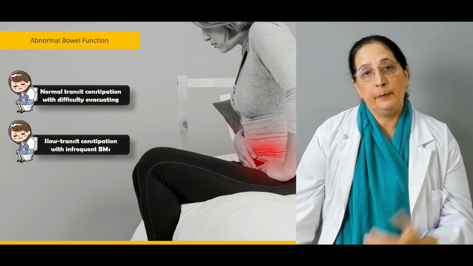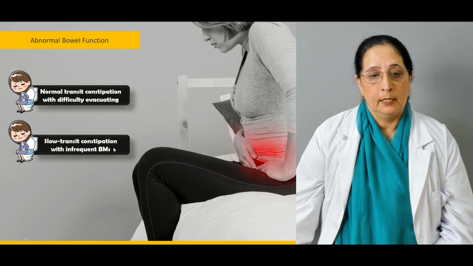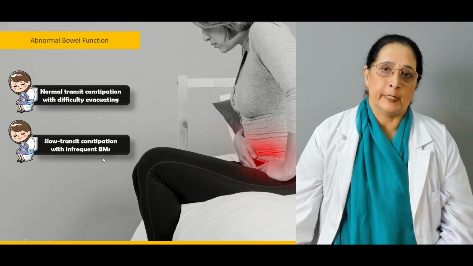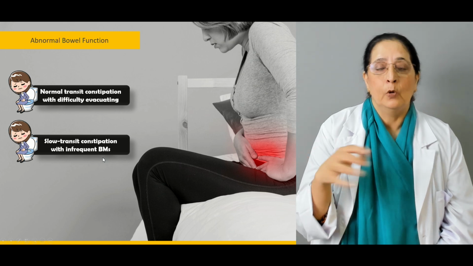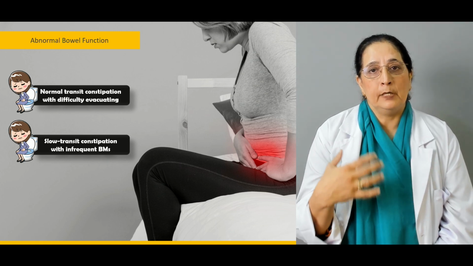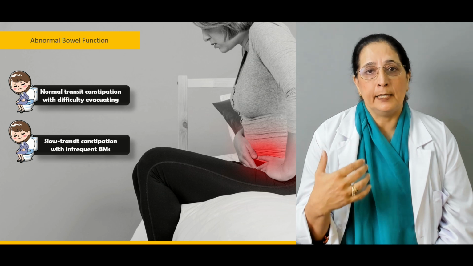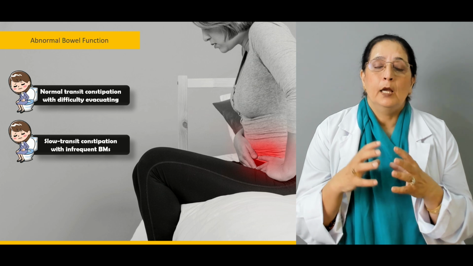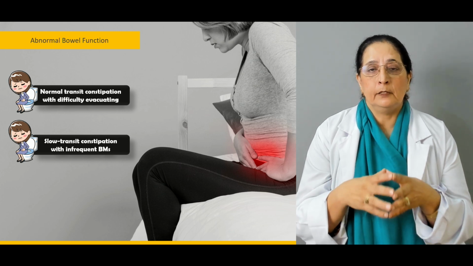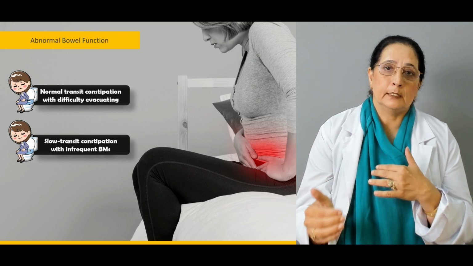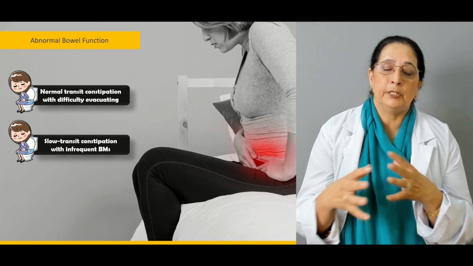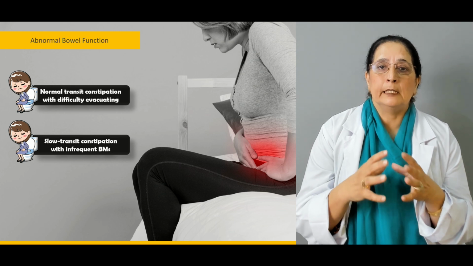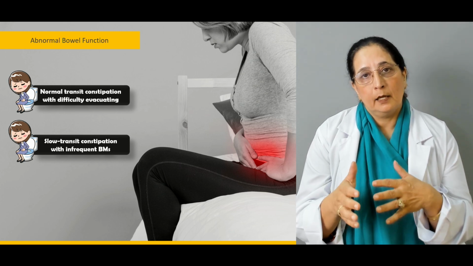Then the other problem can be slow transit constipation with infrequent bowel movements. If the transit is slow, then the bowel movements will be less and infrequent. And we already know that in the Rome syndrome, it is less than 3 bowel movements per week.